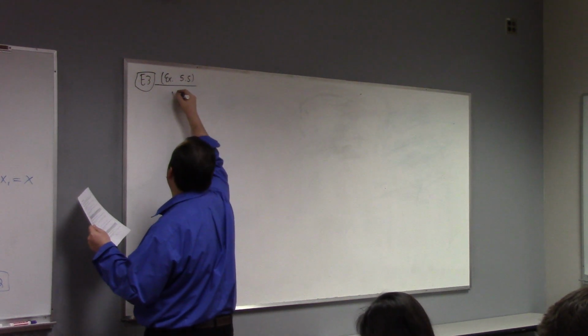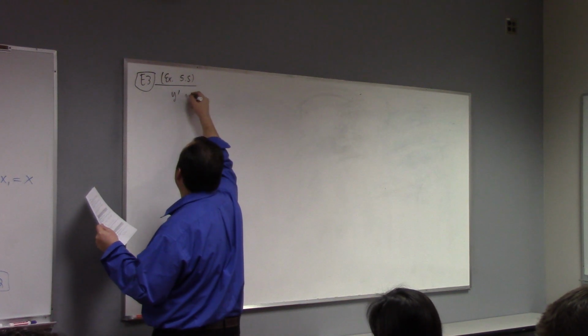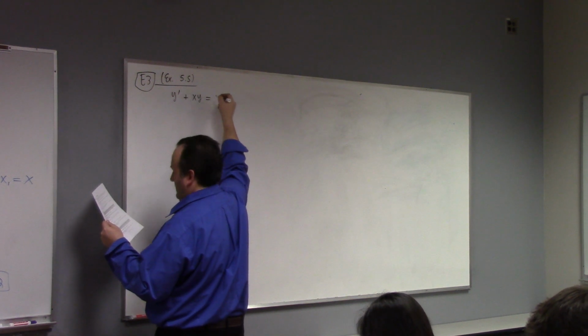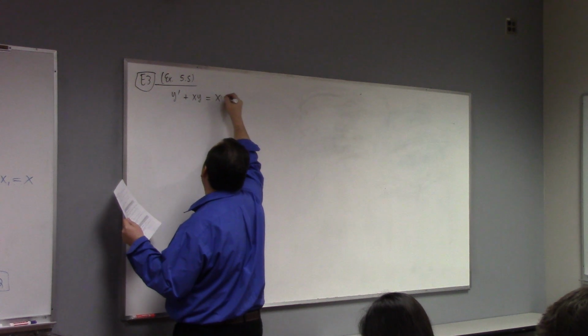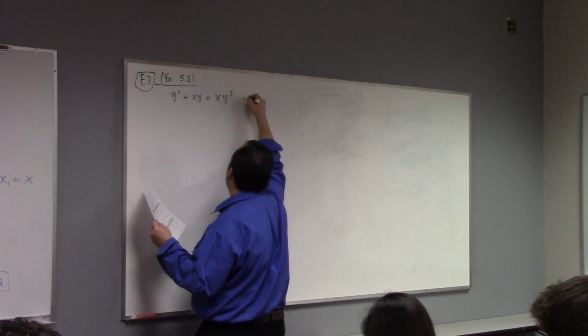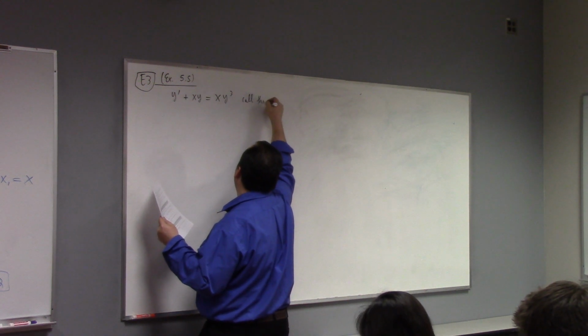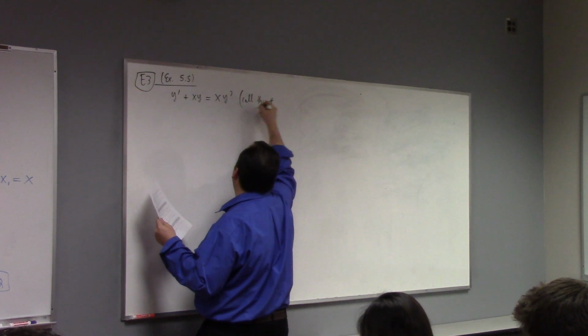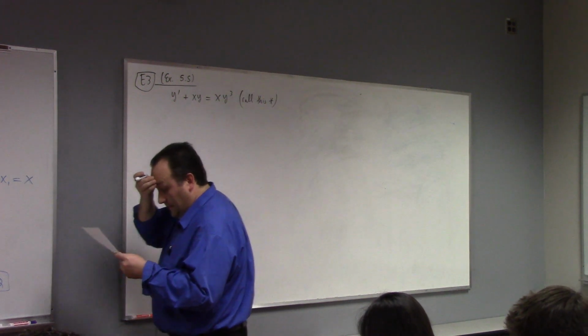So we're supposed to solve y prime plus xy equals xy cubed. We're going to call this star.